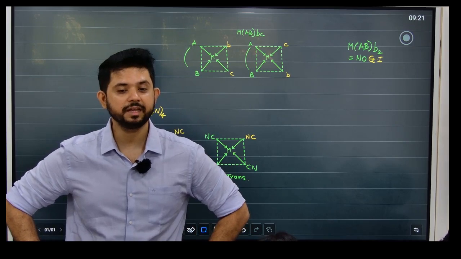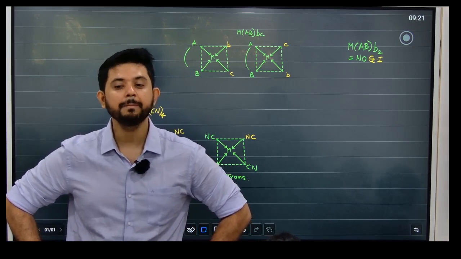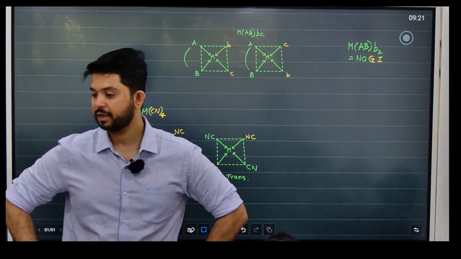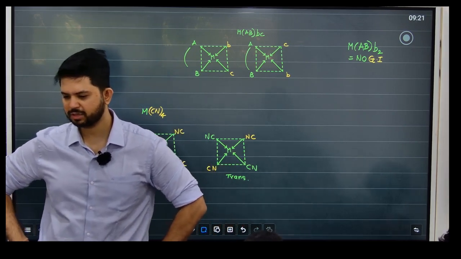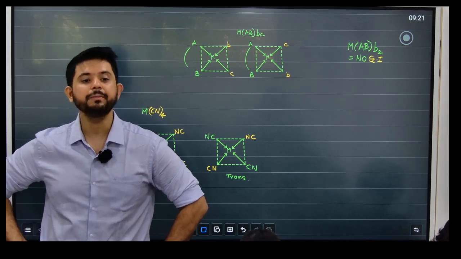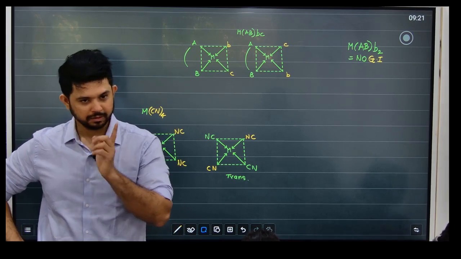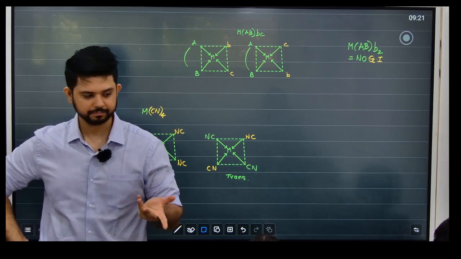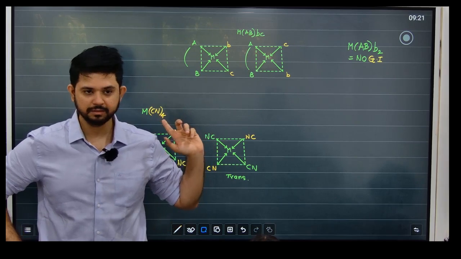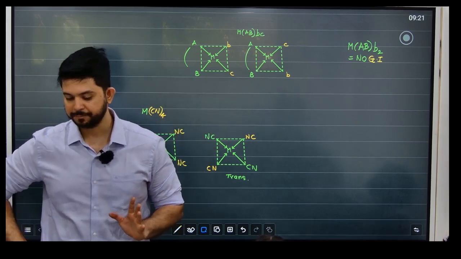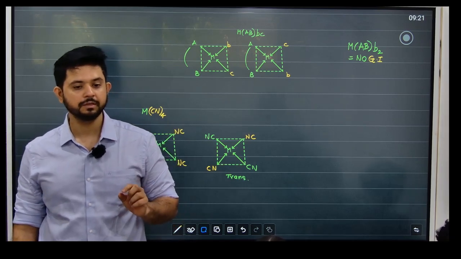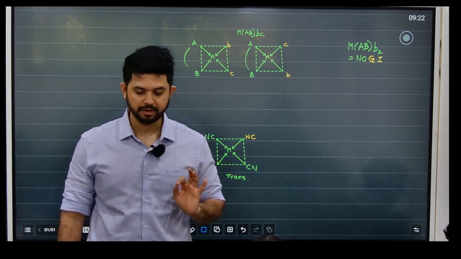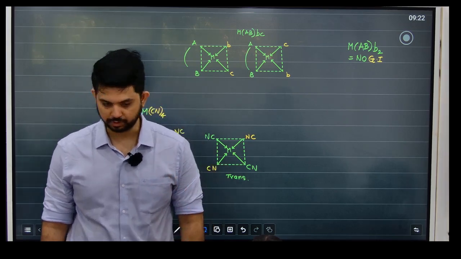Then we wrote the non-GI ones like MA4, MA3B, then MAB3. How can it be 3? The coordination number would become 6. MAB2, then I think we wrote MAB2, further no GI. Then I think the last three were written. Okay. So this is the list of coordination number 4 geometrical isomers. Any questions here, anyone? Chalo.